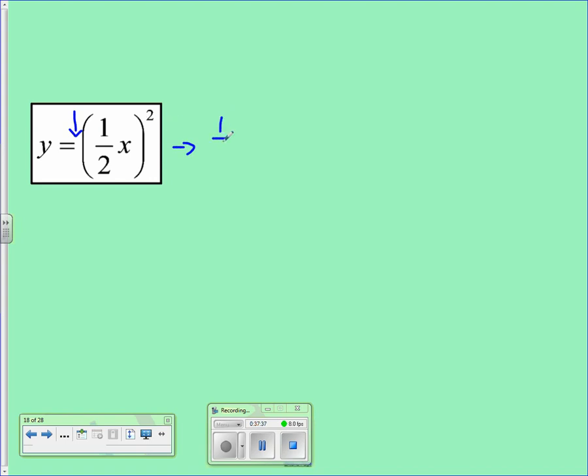So this is actually 1/2 x times itself, 1/2 x. Okay, and then we can break it down even further into 1/2 times x times 1/2 times x. Okay?